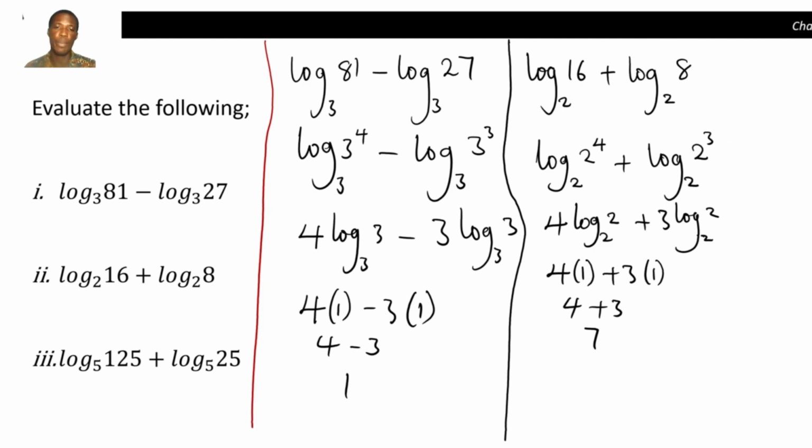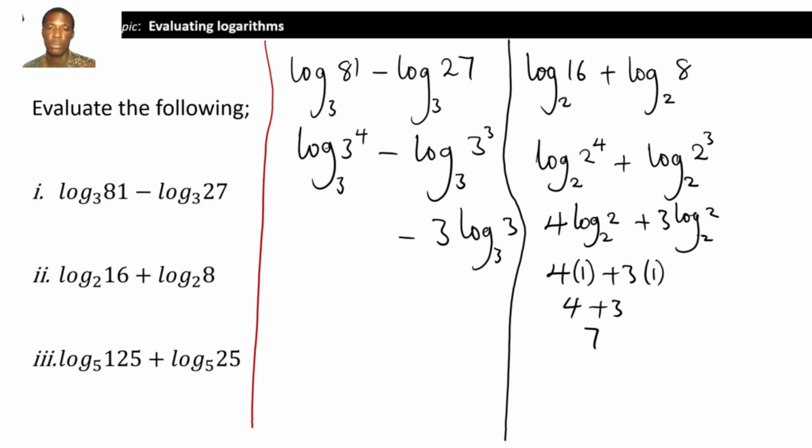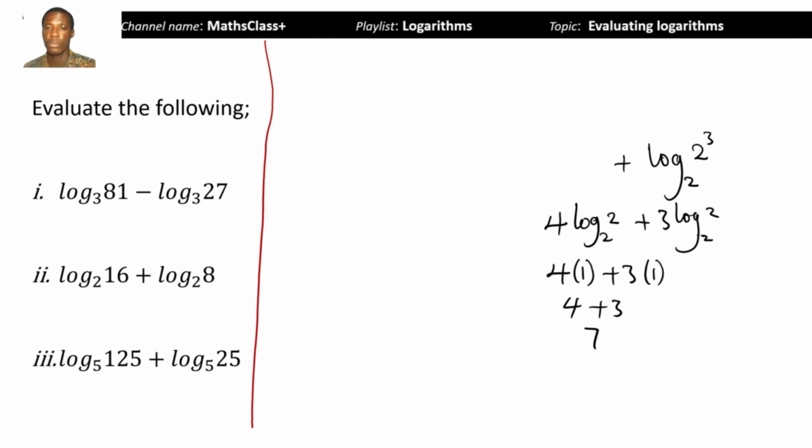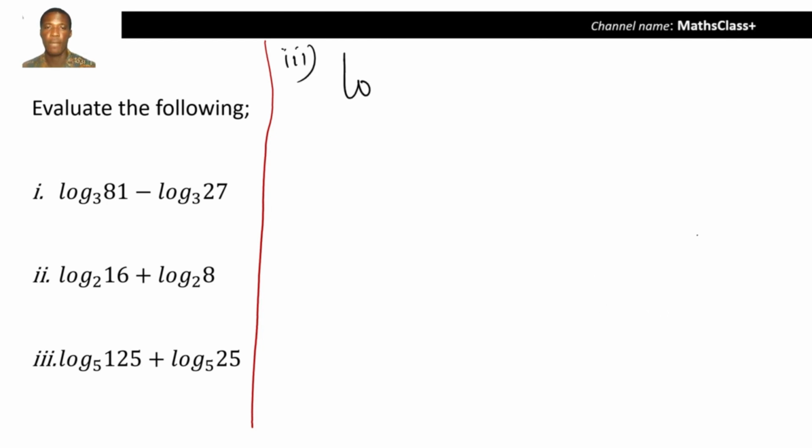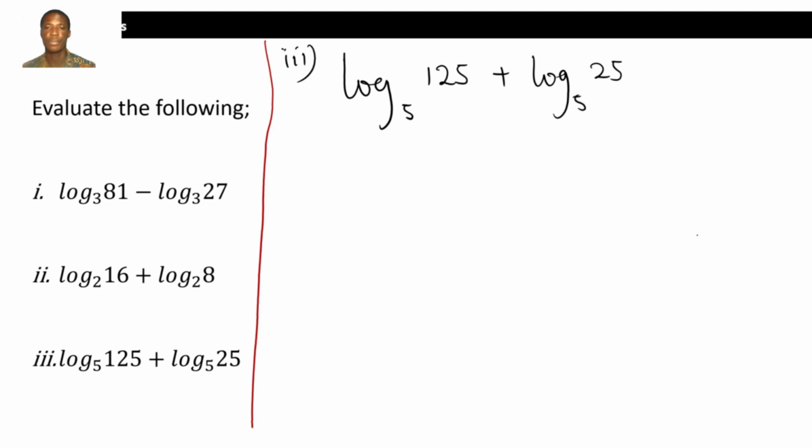Now the third example. You have log to the base 5 of 125 plus log to the base 5 of 25.